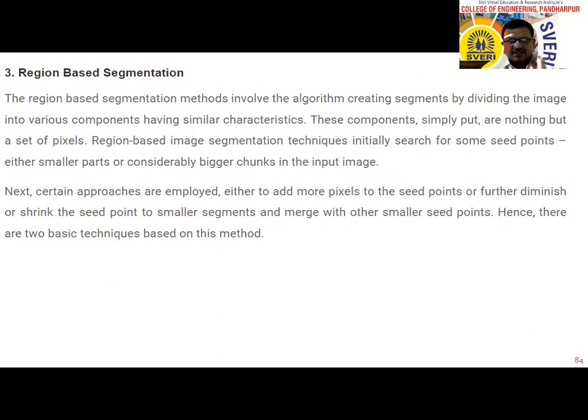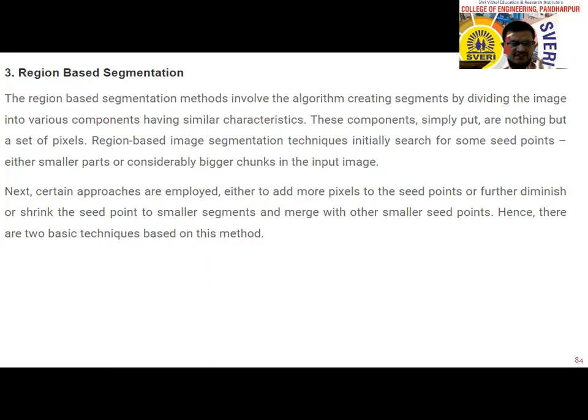Region-based image segmentation techniques initially search for some seed points, either smaller parts or considerably bigger chunks in the input image. Next, certain approaches are employed either to add more pixels to the seed points or further diminish or shrink the seed point to smaller segments and merge with other smaller seed points.